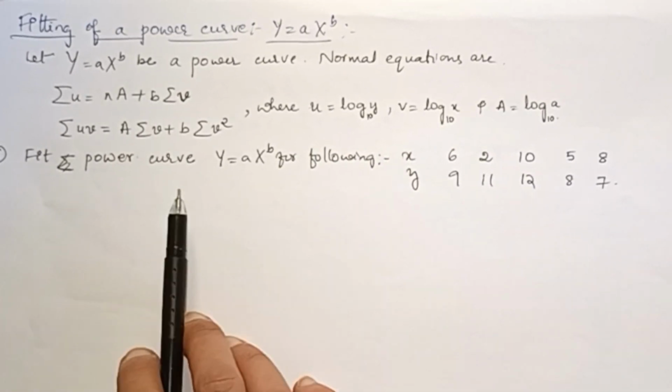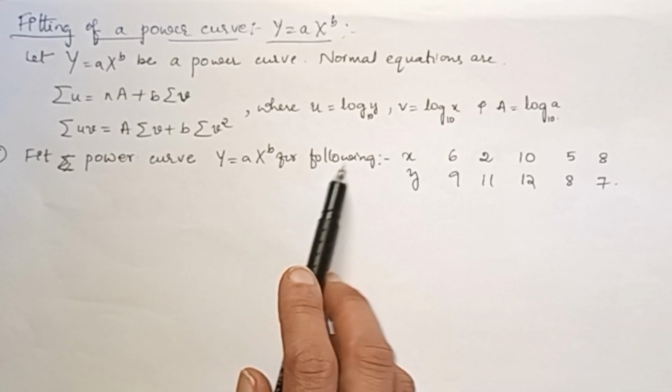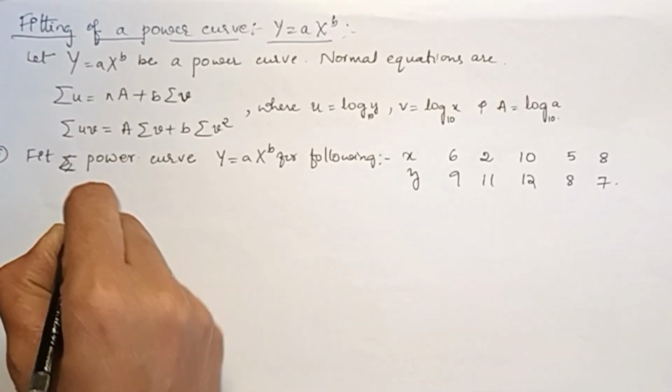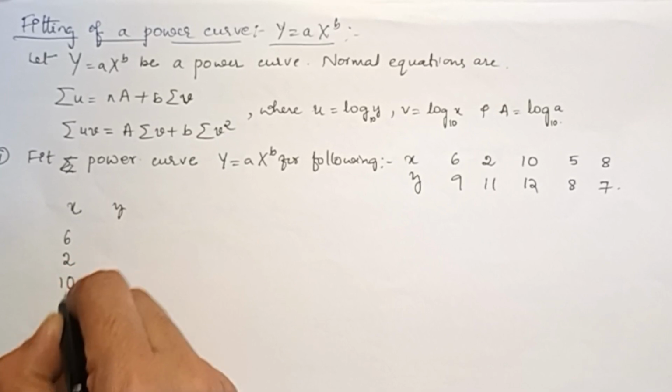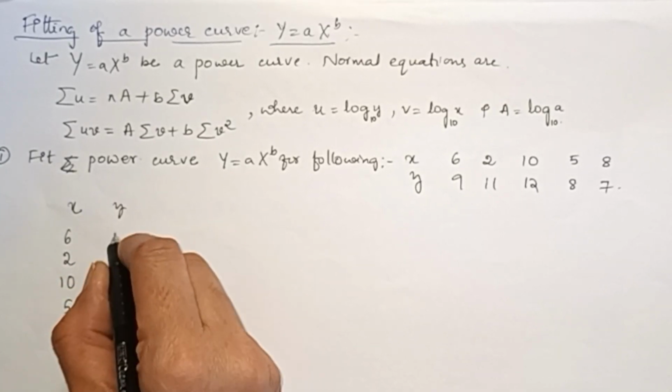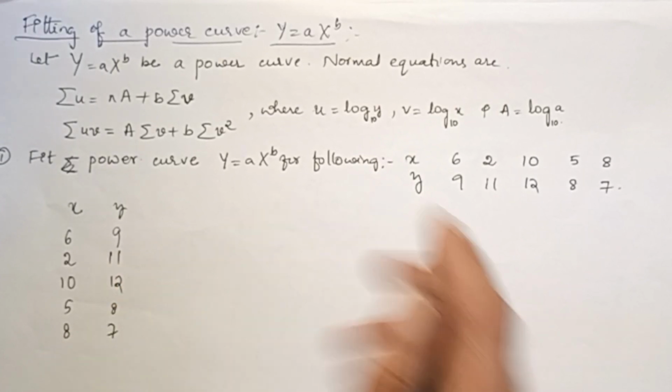So let us fit the power curve y equal to a x to the power b for the following data. First write x, then y. X is 6, 2, 10, 5, 8. Y is 9, 11, 12, 8 and 7.